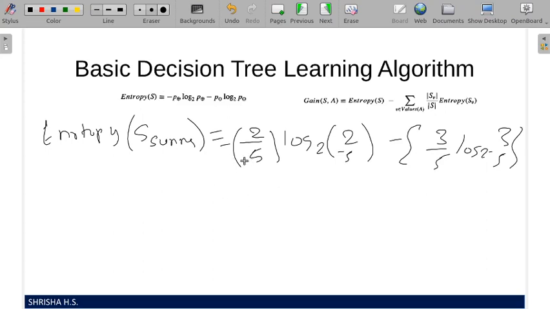Remember the minus here, always observe this formula. What we get here is 0.970.